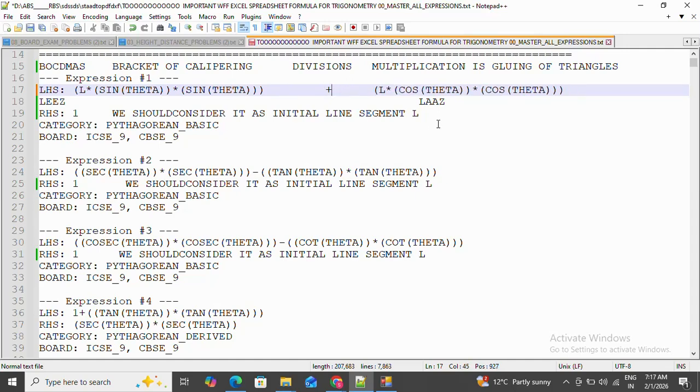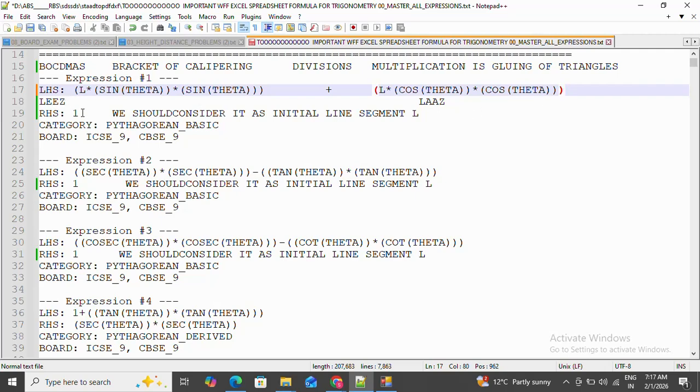That means which of the line segments constructed due to this L sin theta star sin theta are collinear and end-to-end fit with the line segments of the L star cos theta, and these well-formed formula kind of things are written in that way.